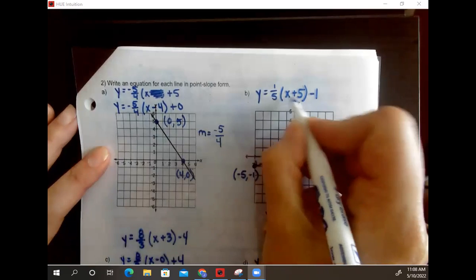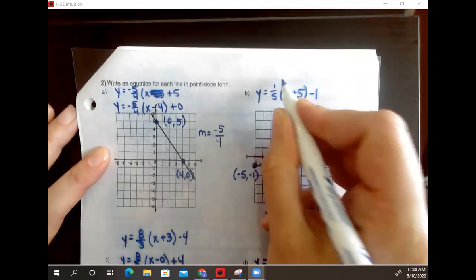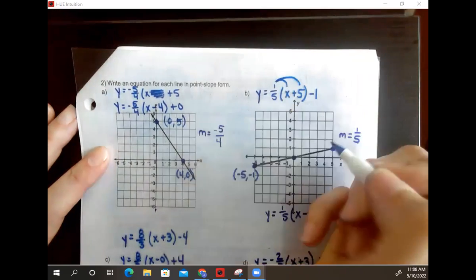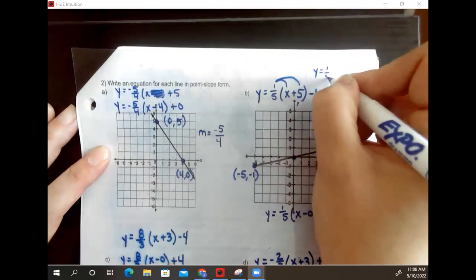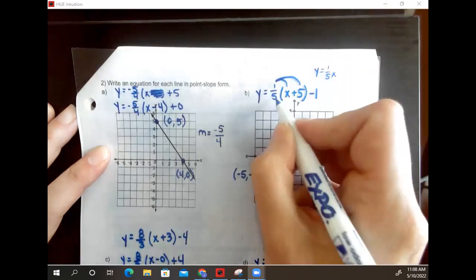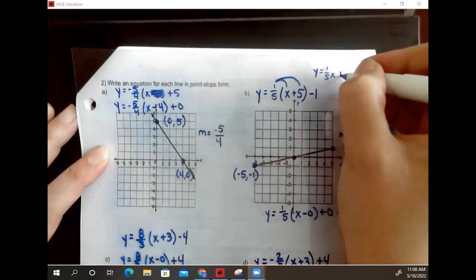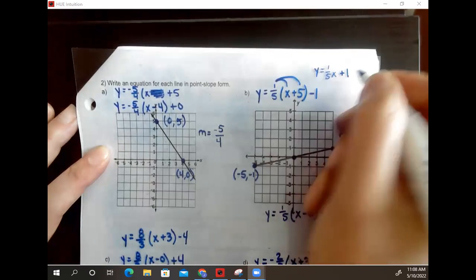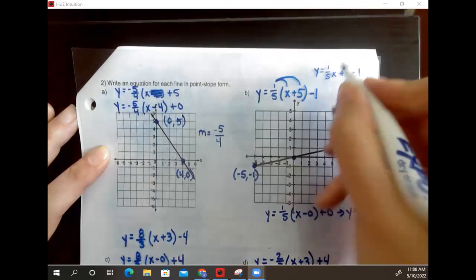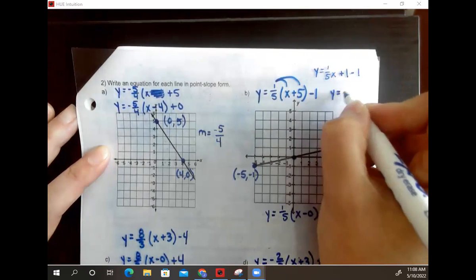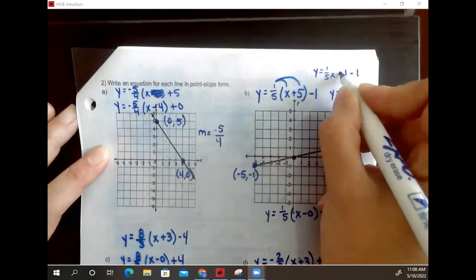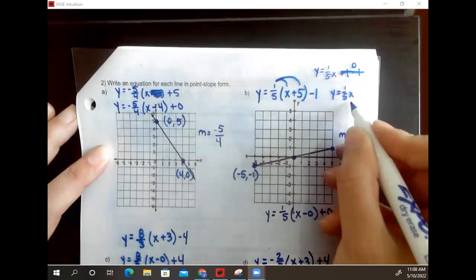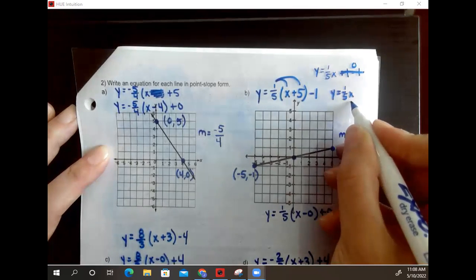If I were to treat this as a problem that I needed to simplify and distribute that 1/5 in, I would end up with y equals 1/5 x. And then 1/5 times 5 is just 1. And then I've got this minus 1 here. So I would have y equals 1/5 x, and then add 1, subtract 1, and that's just 0, which is the same thing that we would have gotten had we written slope-intercept form.